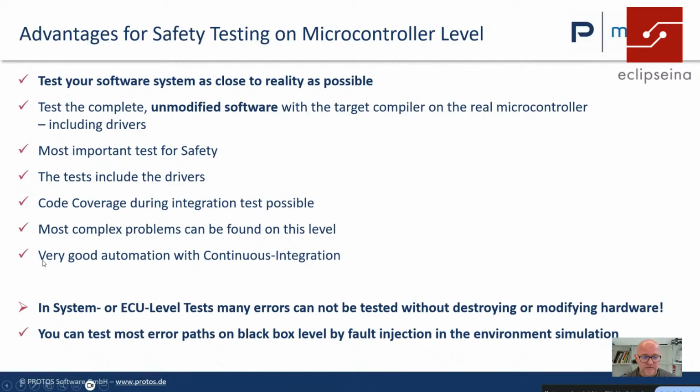You have a very good test automation with continuous integration, because you simulate all the environment, and you only need the wires to hook it up to your system on a signal level. So in system or ECU level tests, many errors cannot be tested without destroying or modifying hardware. You can test most error paths on black box level by fault injection in the environment simulation. That's what we do here.